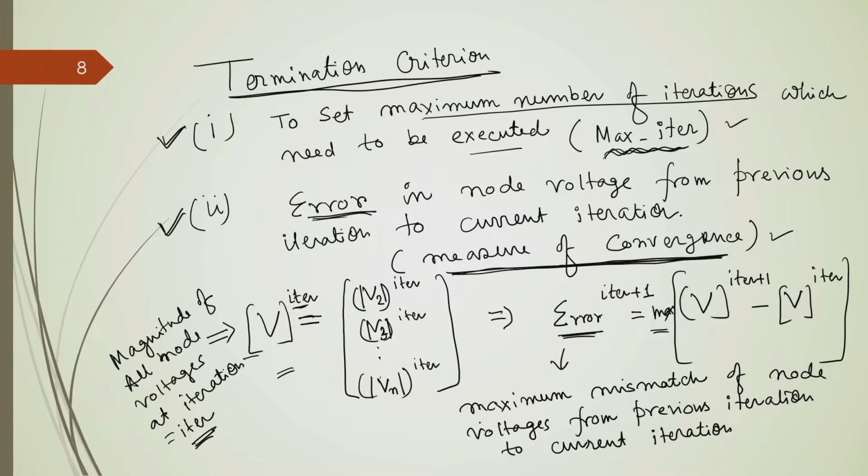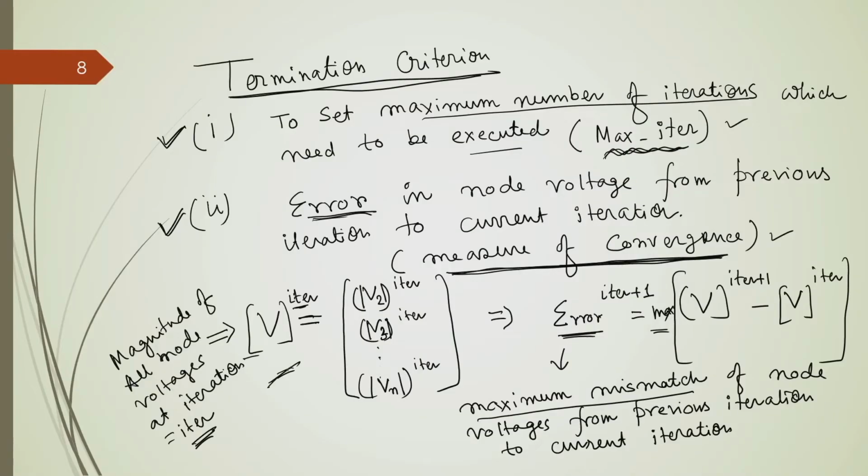It gives the maximum absolute difference among all the bus voltages which we get from one iteration to the other.